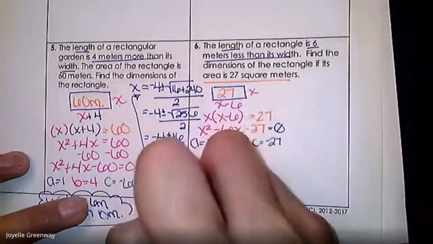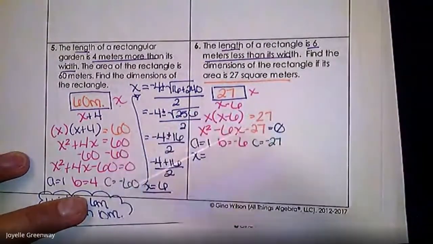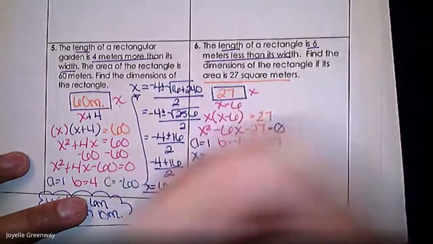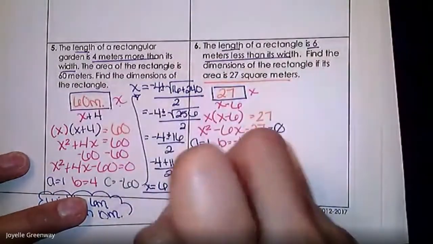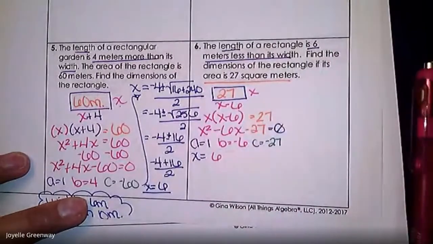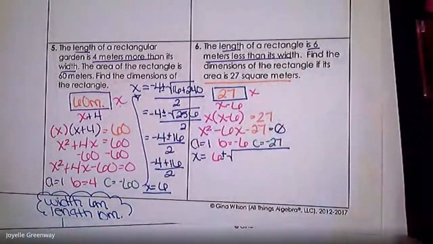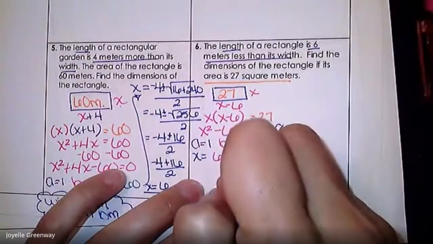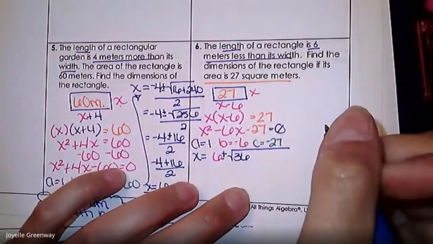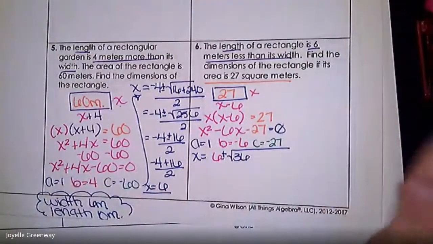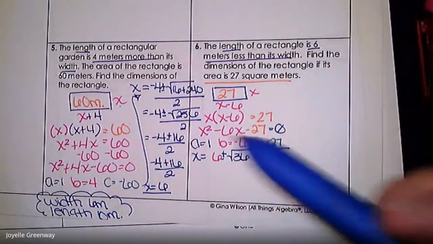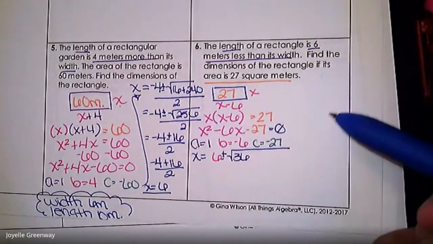So I can use my quadratic formula. So x is equal to negative b. b is already negative, so it's like negative 1 times negative 6, which is 6, plus or minus the square root of negative 6 squared is positive 36, minus 4 times a times c. Since minus 4, that means it's negative 4 times negative 27.